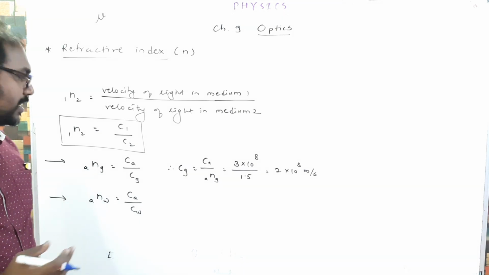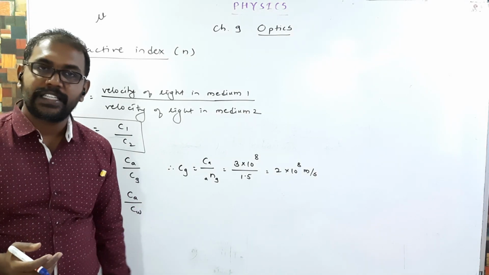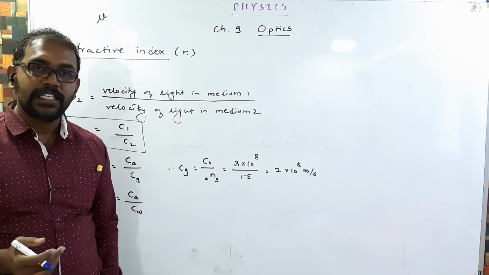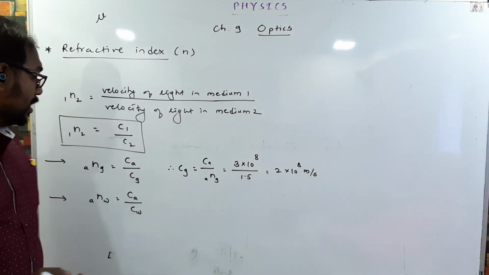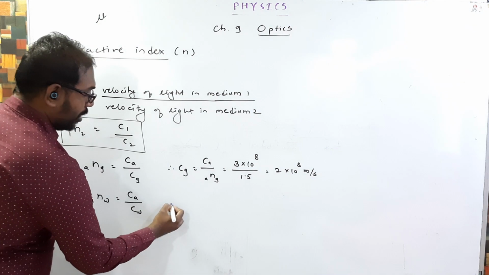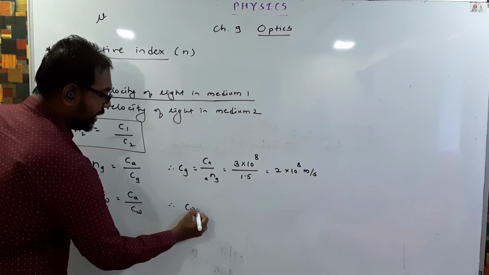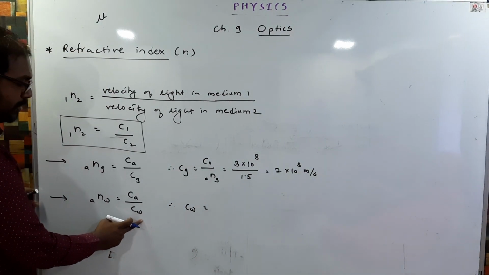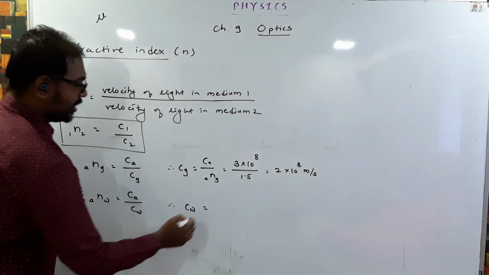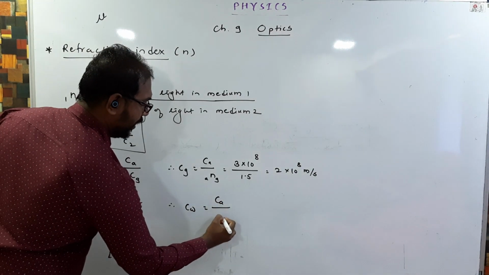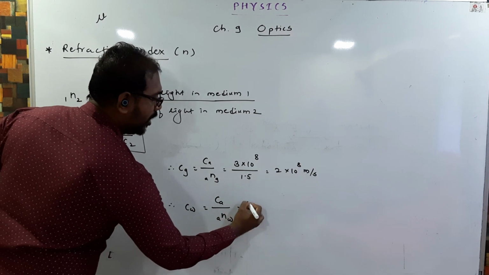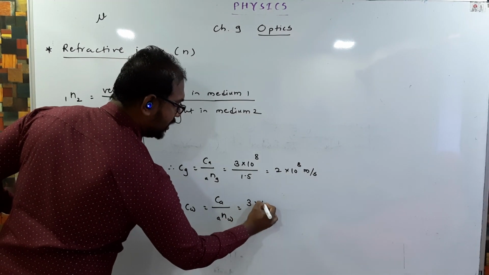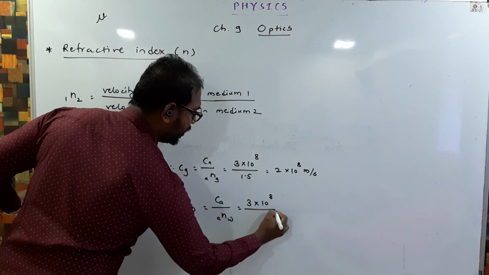So this is the velocity of light in glass. It depends on the glass also, how much is the refractive index. If the refractive index is 1.5, then velocity of light in glass is 2 into 10 raised to 8. In a similar manner, remember one thing here, velocity of light in water by this formula. You can transfer this to this side and this refractive index to that side. So C_a divided by refractive index of water with respect to air. Then velocity of light in air is 3 into 10 raised to 8.